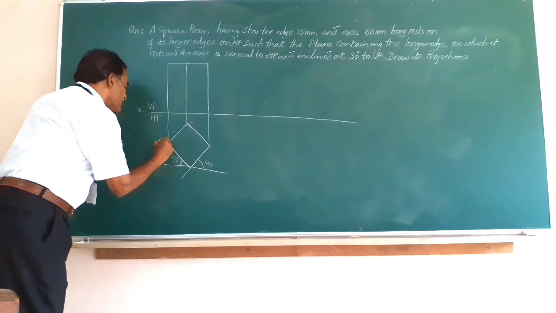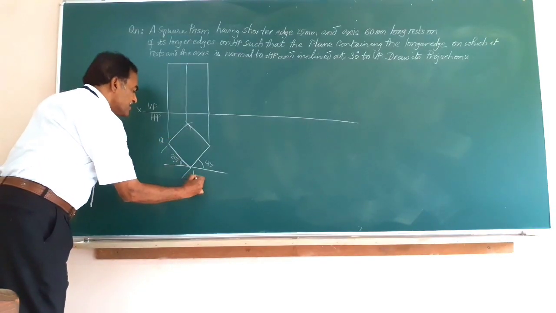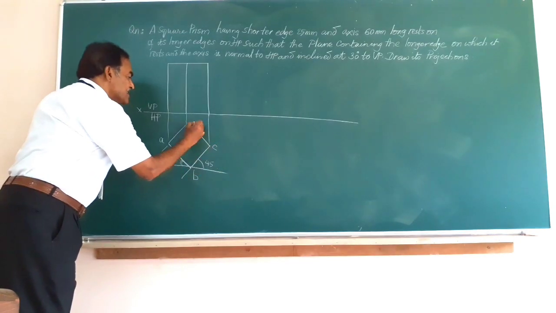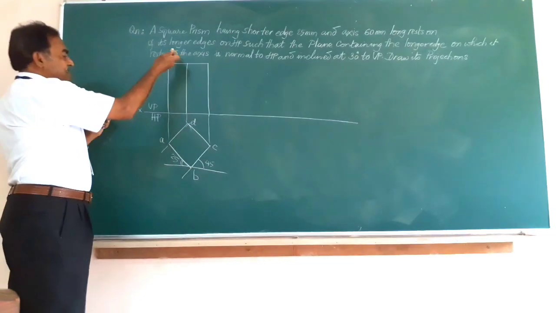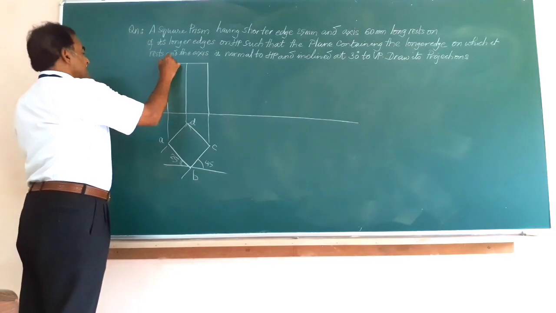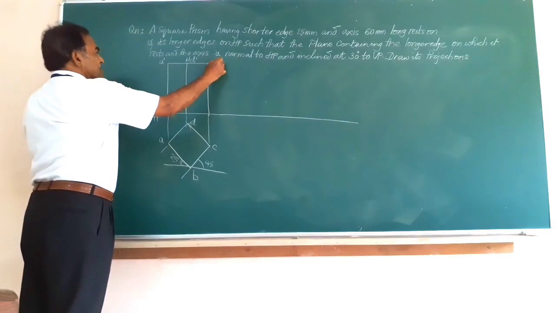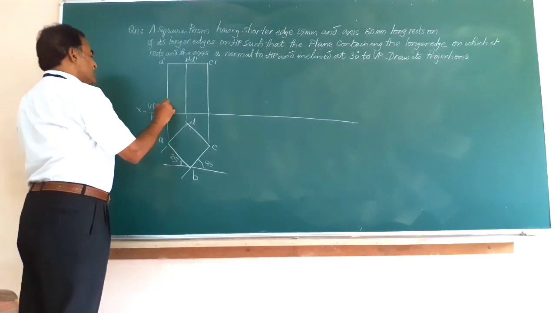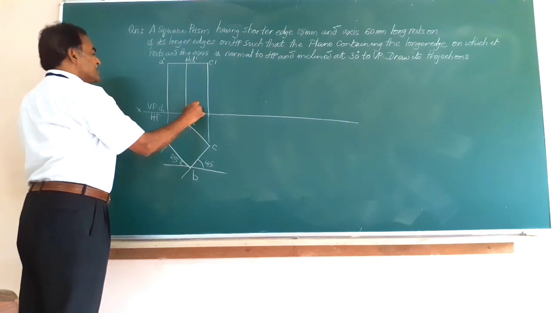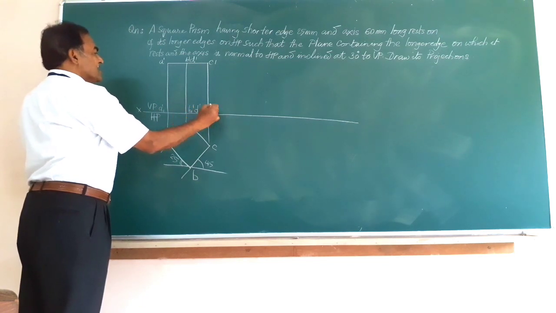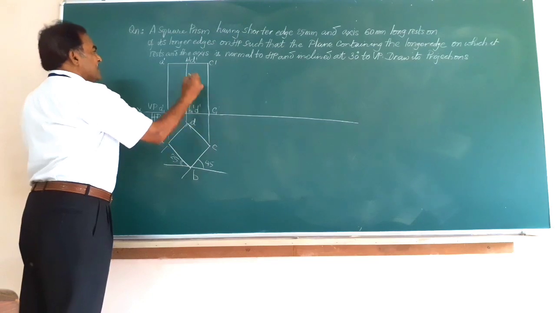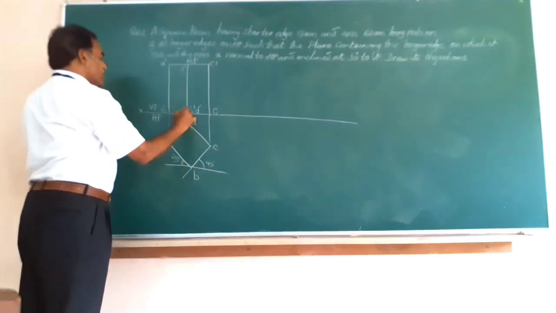Now let me start from point A here. This is A, B, C, D. Then come to the front view and mark this as A dash, B dash, D dash, C dash. For the bottom one, A1 dash, B1 dash, C1 dash, D1 dash. For the axis, O dash and O1 dash.